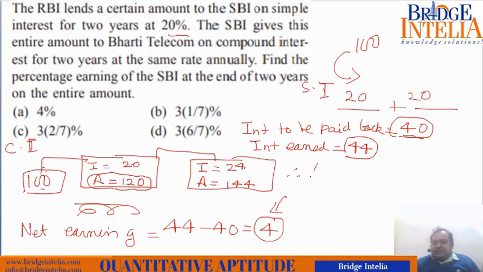So therefore percentage earning, you have to compare 4 with 100, not with 144 or with 140. No, SBI has given 100 rupees, and because of that SBI has earned 4. So you have to ask 4 is what percentage of 100? So answer is 4%. So net earning or the total earning that SBI experienced is 4%.